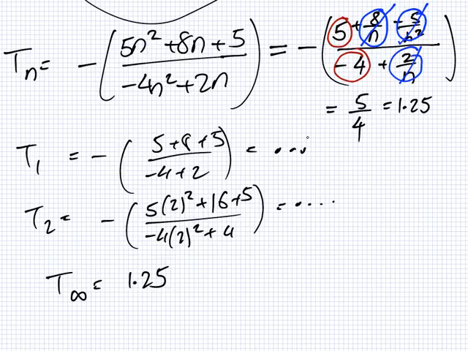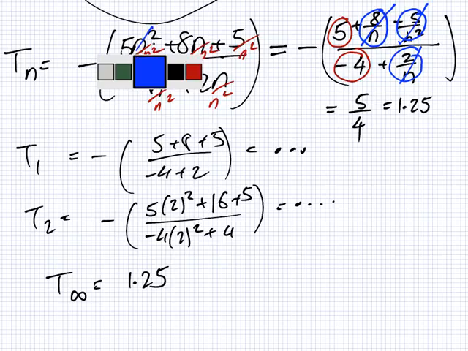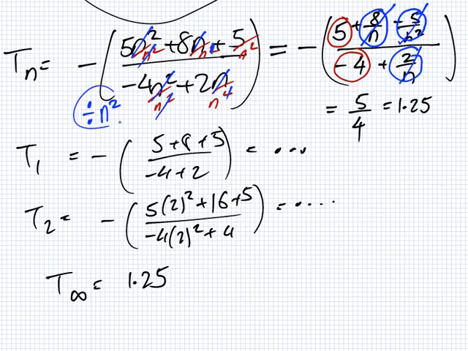Could you just repeat what you just said over there? This bit here? I divided every term by n squared. So it's like I put everything over n squared. So here the n squareds cancel, n cancels with a square. So I'm left with 5 plus 8 over n plus 5 over n squared, over minus 4 plus 2 over n. So I divided everything by n squared.